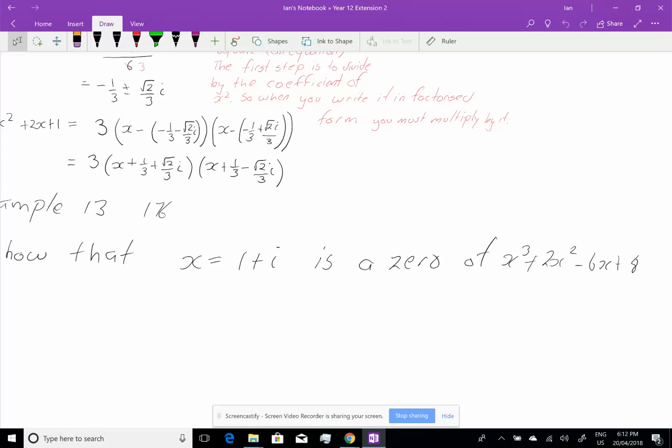And hence factorise x cubed plus 2x squared minus 6x plus 8.